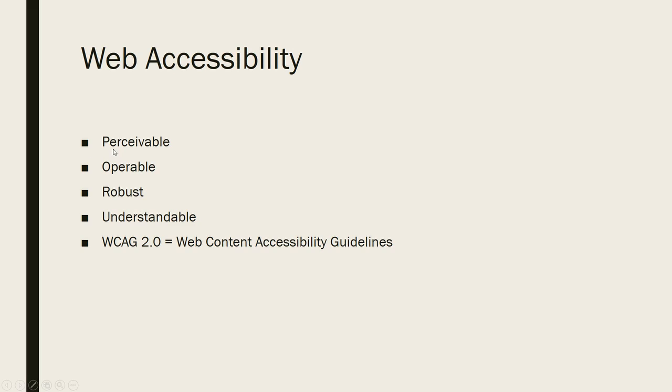So perceivable is basically, let's say you have a person who has an eye impairment, they can't see. If you have an image you want to show to explain something, sometimes they can't see, so for that they can hear.